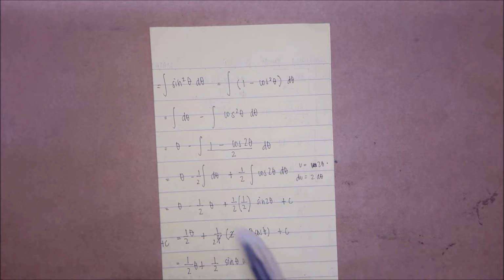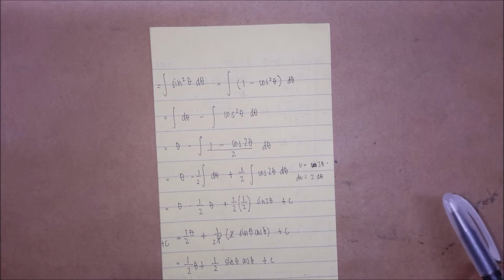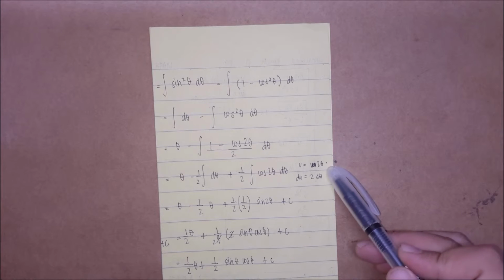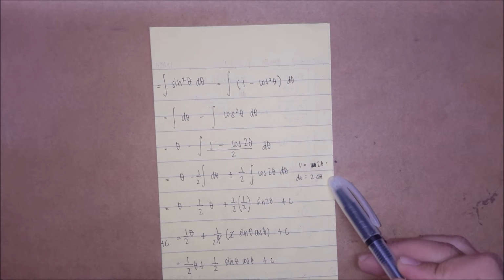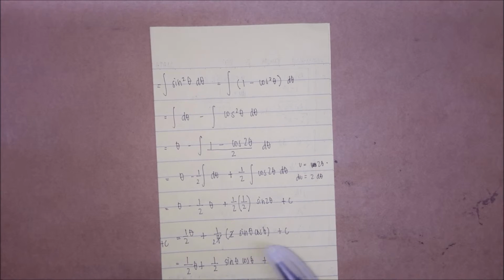Then simplify: theta minus 1 half integral of d theta minus 1 half integral of cos 2 theta d theta, where our u is 2 theta, then du equals 2 d theta. Then the integral of those is theta minus 1 half theta plus 1 half times 1 half sine 2 theta plus c.